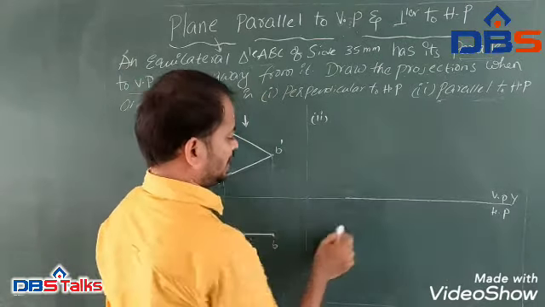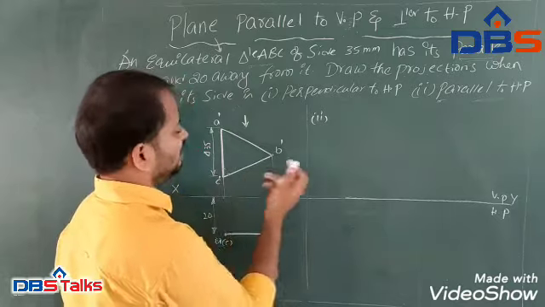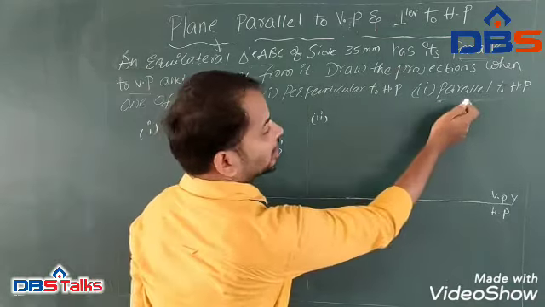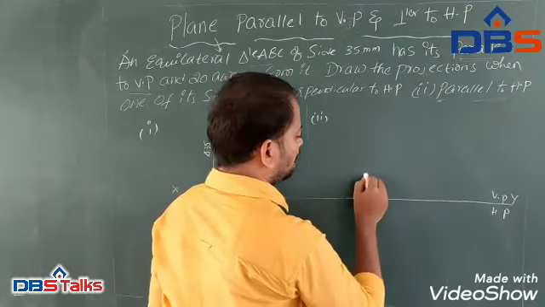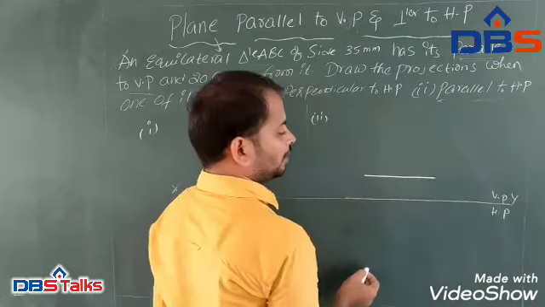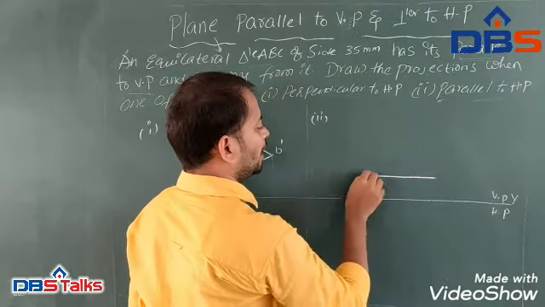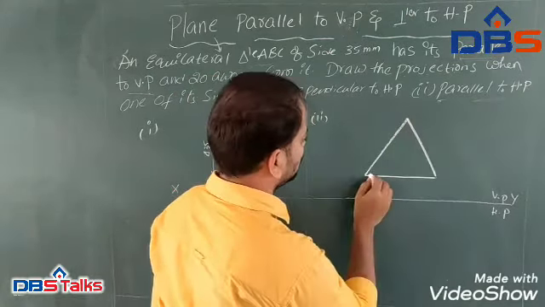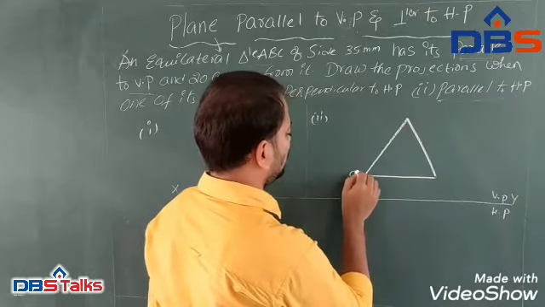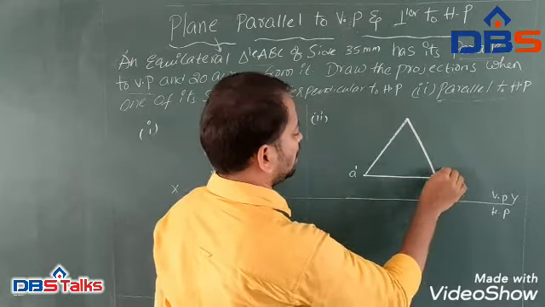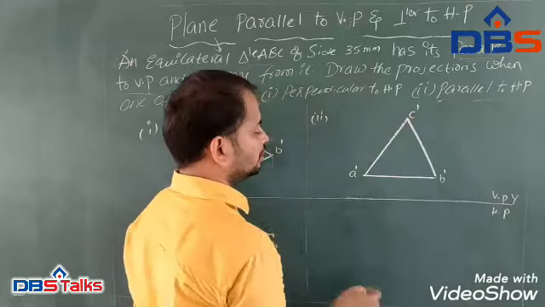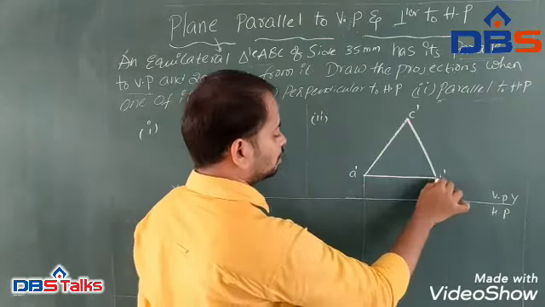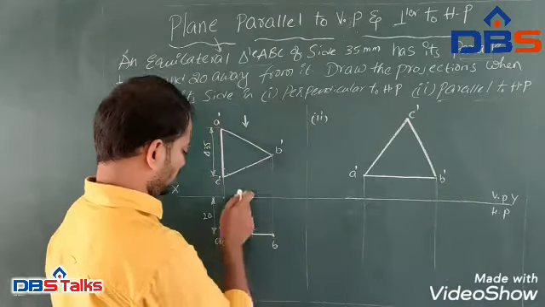So this is XY, and the condition is parallel to VP and parallel to HP. This is the equilateral triangle a dash, b dash, c dash, which is 20 mm in front of VP.